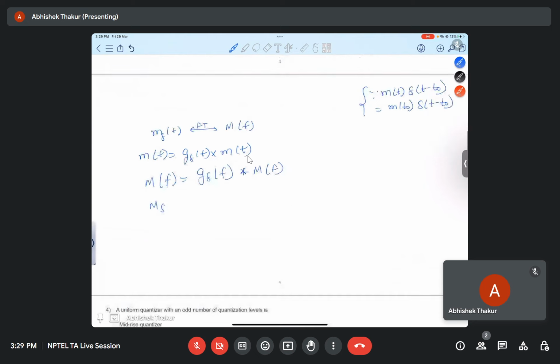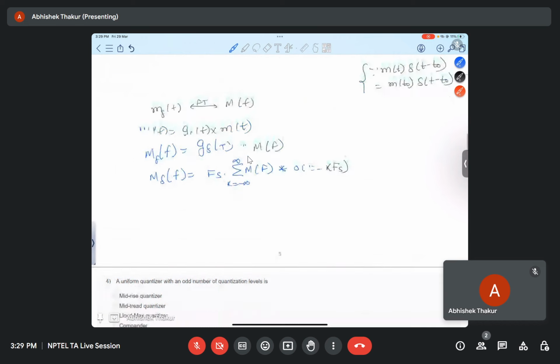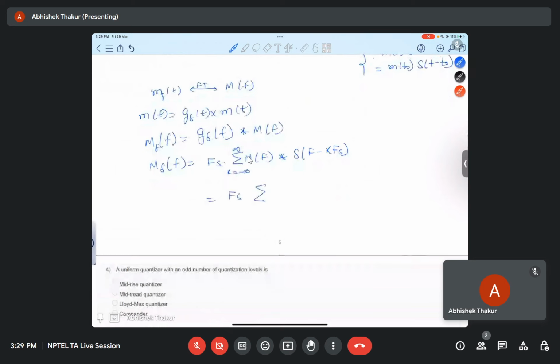So the transform of the delta train will be Fs, sum over k from minus infinity to infinity, of delta(f minus k Fs). Now M(f) exists only at k Fs, so this convolution can be written as M(f minus k Fs), where k is from minus infinity to infinity. From the analogy, M(f) convolved with delta(f minus f0) is equal to M(f minus f0).